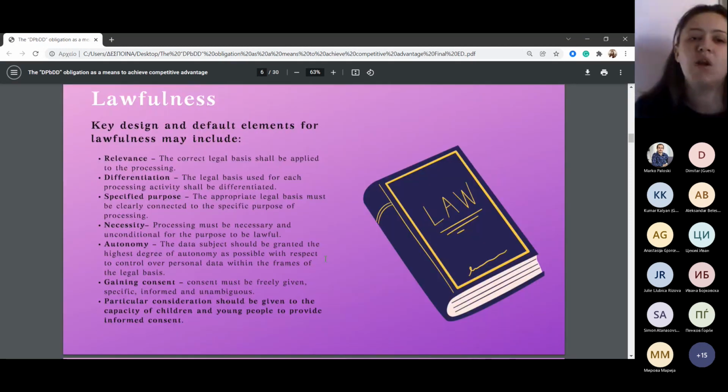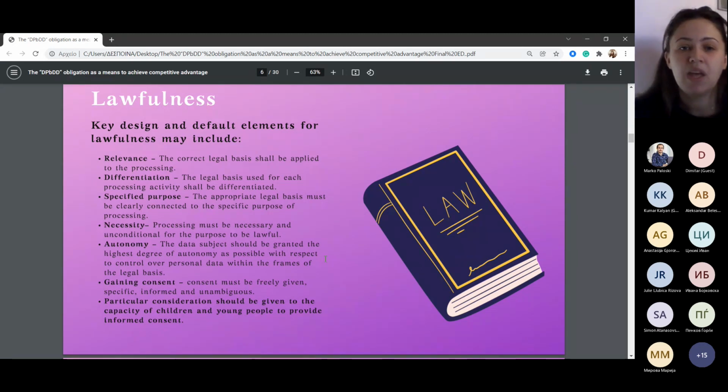So we also have lawfulness, and in this case there are some key design and default elements for lawfulness. These may include relevance: the correct legal basis shall be applied to the processing. Differentiation is also an aspect: the legal basis used for each processing activity shall be differentiated.